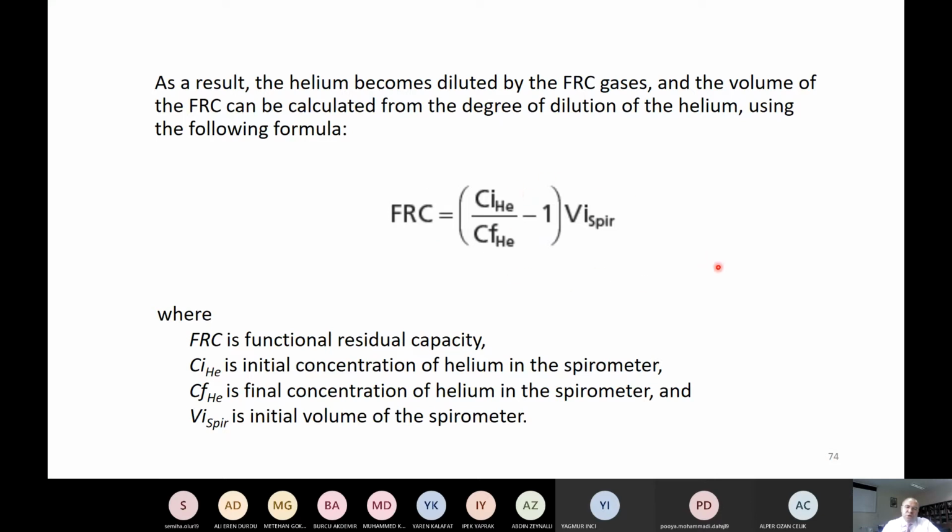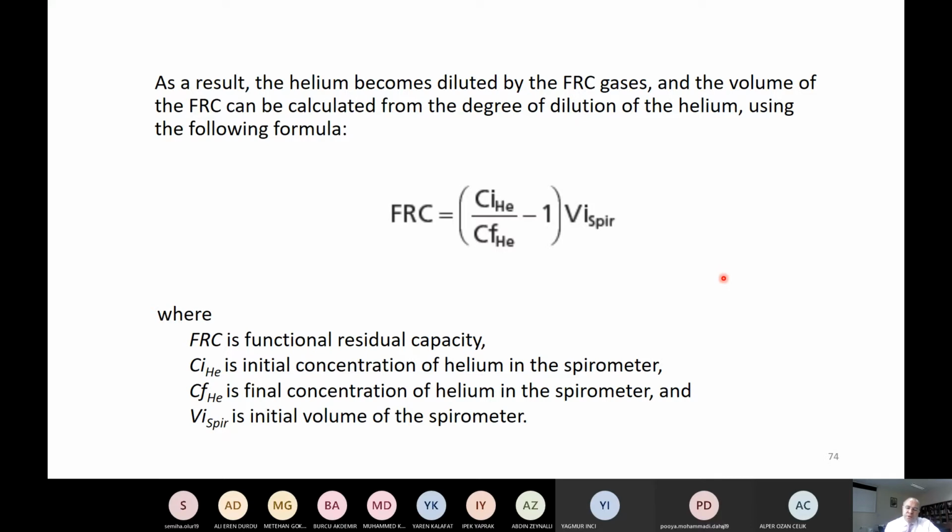So we will use helium containing air. After normal expiration, the person will inspire helium containing air, and in the air he or she expires, the helium concentration will be measured.